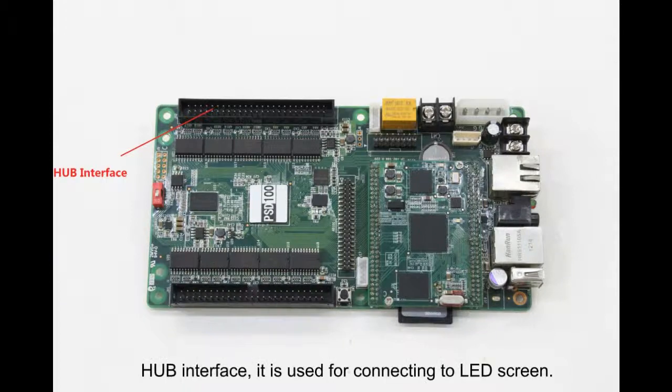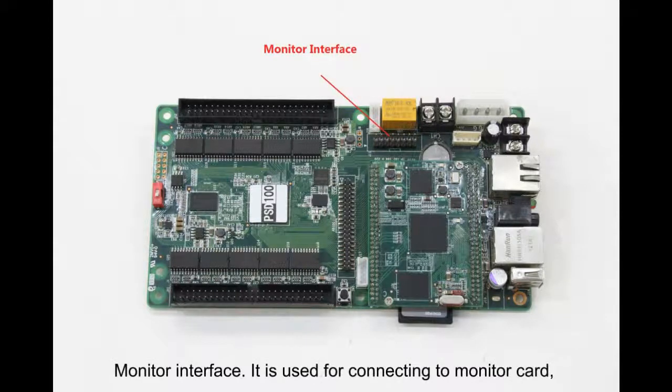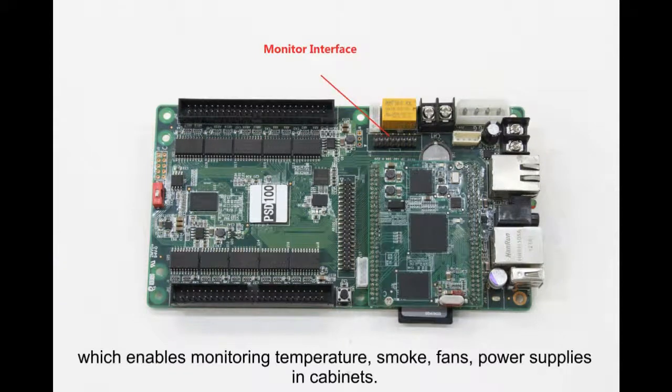The Hub interface is used for connecting to the LED screen. The Monitor interface is used for connecting to a monitor card, which enables monitoring temperature, smoke, fans, and power supplies in cabinets.